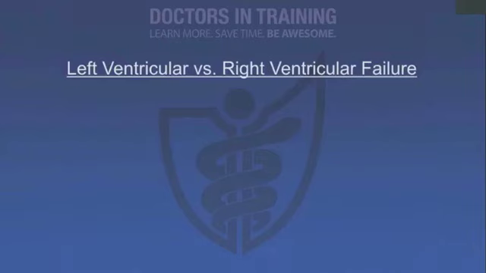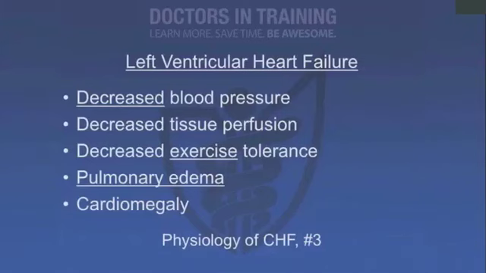We can talk about heart failure in terms of left ventricular failure or right ventricular failure. Most patients, if they have left ventricular failure, will develop right ventricular failure. But both of these types of heart failure have some similarities and some differences. In left ventricular failure, we're talking about decreased blood pressure, which leads to decreased tissue perfusion, and you then get decreased exercise tolerance.